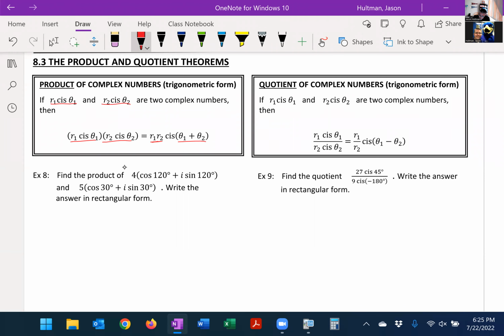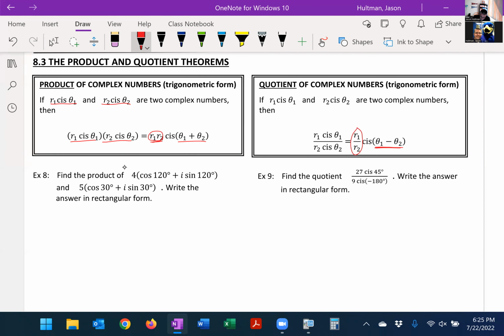The quotient: if r1 cis theta 1 and r2 cis theta 2 are two complex numbers, then the quotient, the division of those two, is r1 divided by r2, and then the difference, theta 1 minus theta 2. So here it was the product and the sum, and here it's the quotient and the difference.